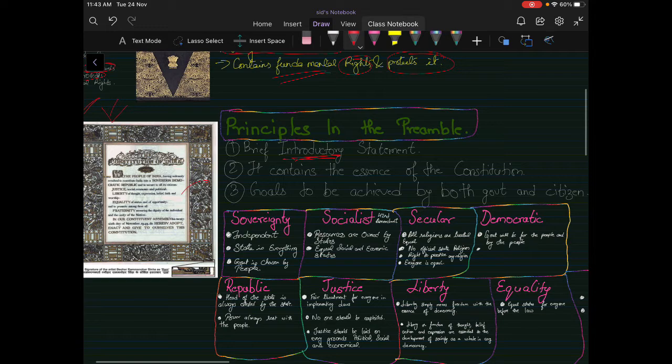And number two is it contains the essence of the constitution. What this means is that whatever ideas and values are inside the constitution are defined by the preamble of the constitution.